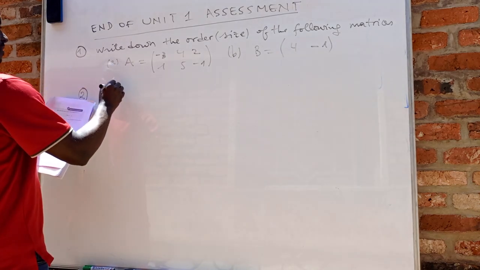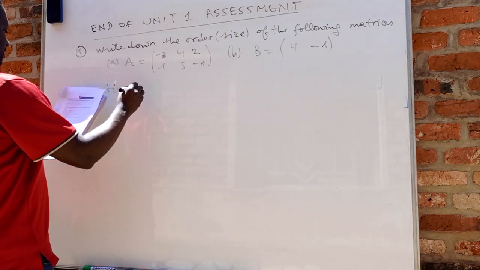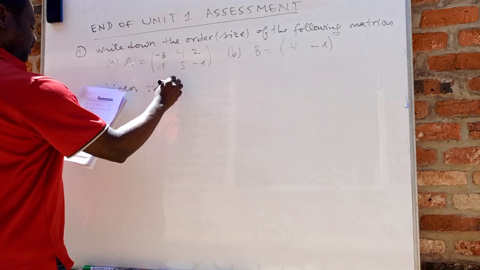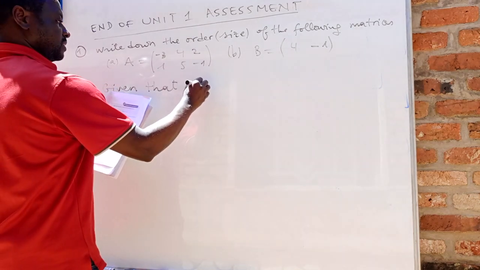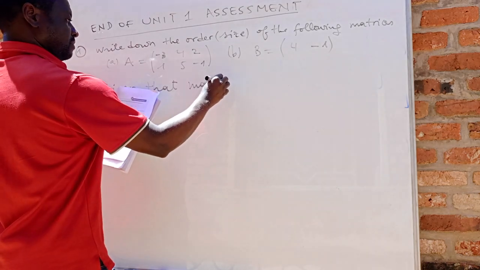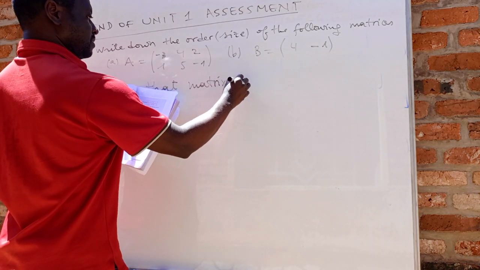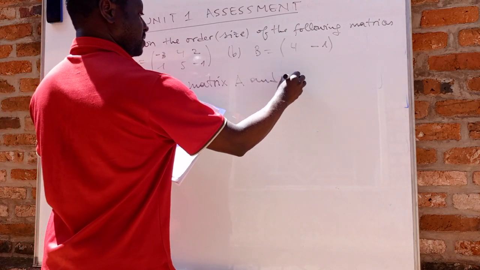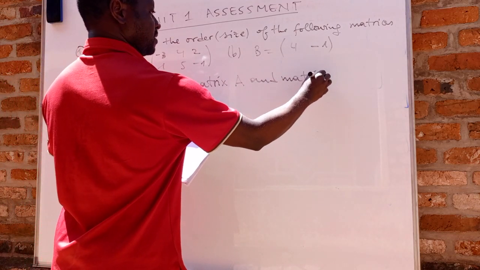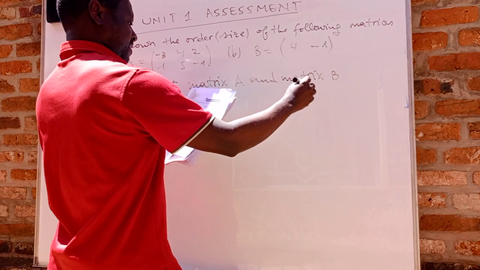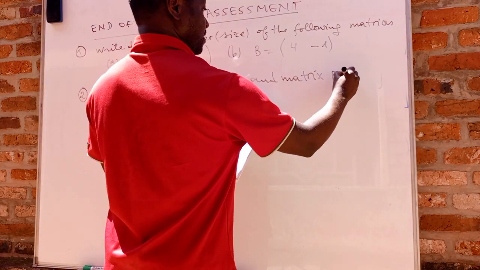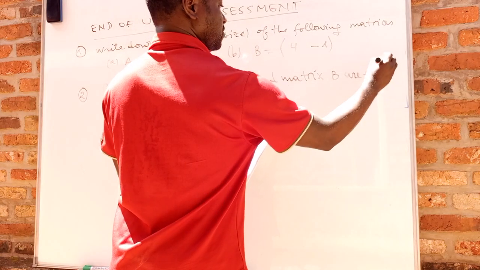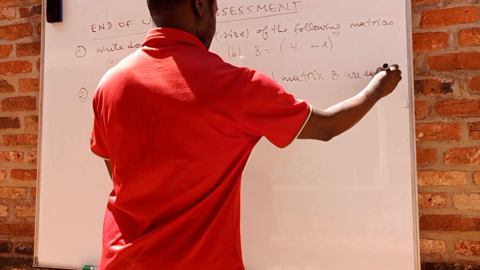Given that matrix A and matrix B are equal. Suppose that the two matrices are equal.